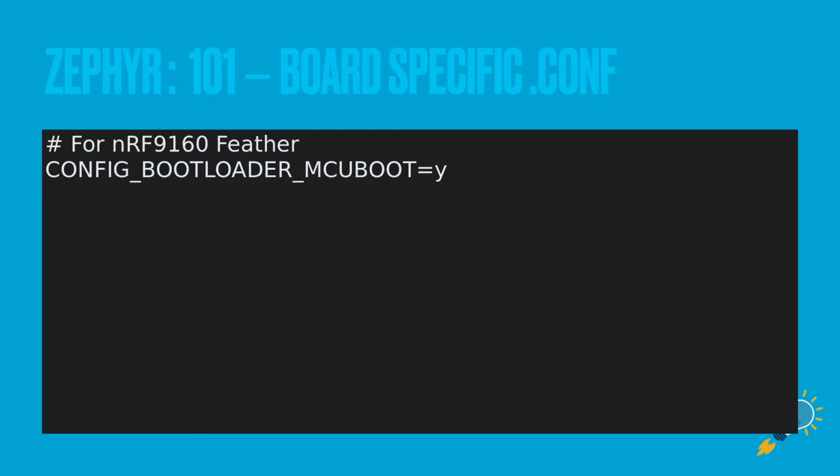So I just want to make sure that for this particular board that MCUboot is enabled. If you're doing kind of bare metal, you're programming using a programmer, nrfjprog or JLink or whatever, Segger or whatever else you got going on, you don't really necessarily need this, and it might not help you anyway if you don't have a bootloader on your board beforehand.